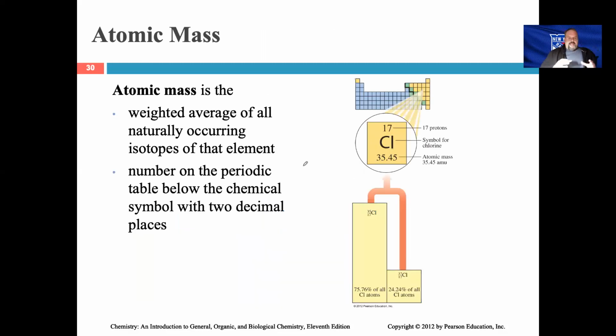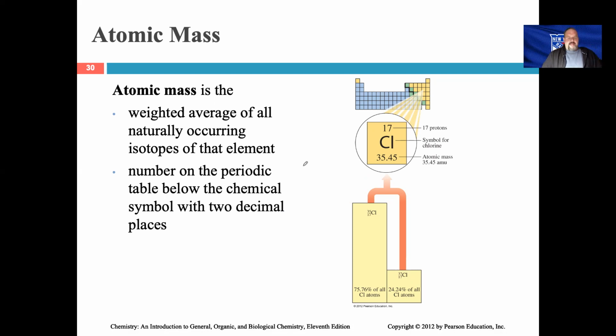So why is the atomic mass, which a lot of times is also referred to as the mass number, given in decimal form rather than a whole number? The reason why is that the atomic mass is the weighted average of all naturally occurring isotopes of that element. It's an average of all the naturally occurring isotopes of that element.